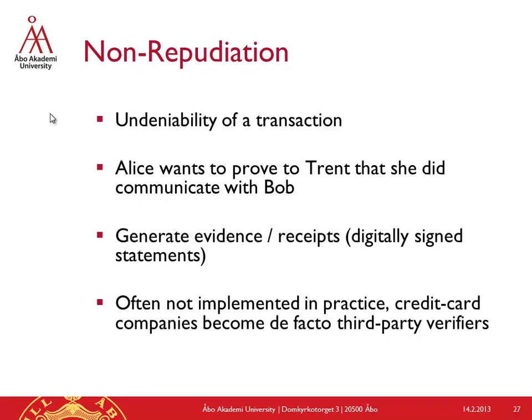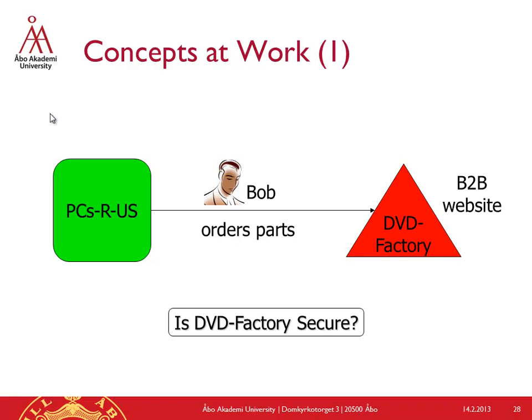Okay. So we finally finished with all these 7 security concepts, and let's see an example of how they can be implemented or how they can work. This is quite an interesting and common example. We have some sort of company called PCs RUS, and this company needs to order some DVDs from another company called DVD Factory.